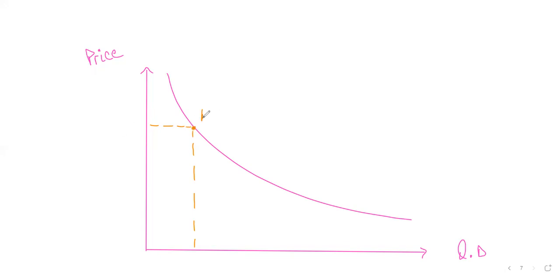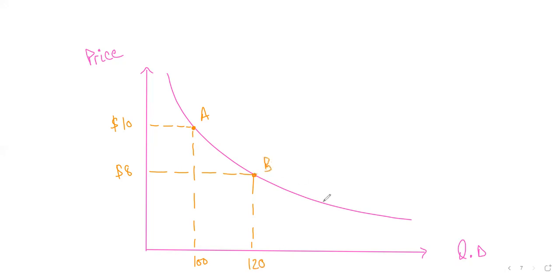So let's say at point A, the price was $10 and the total demand was 100 in the market. Then the price drops from $10 to $8, and the quantity demanded increased to 120. This is point B, and so on.